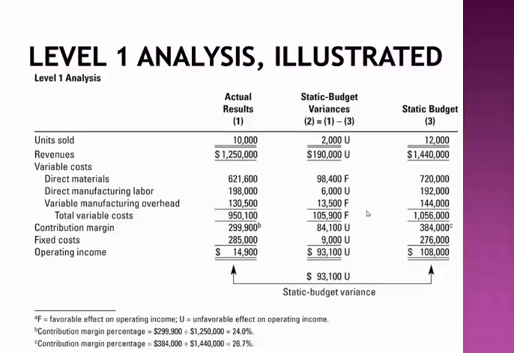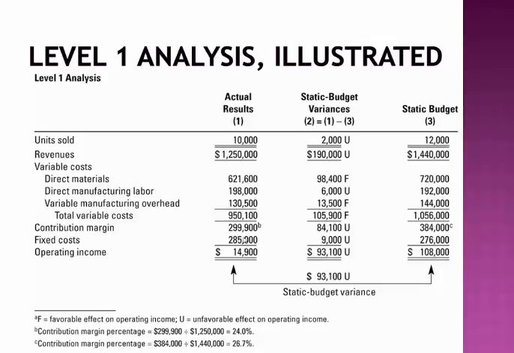Contribution margin's a good thing. Contribution margin is what we have left over after all variable costs have been covered. That goes towards fixed cost and net income if we're lucky. So we like contribution margin. So $299,000 versus $384,000. This contribution margin is less than, therefore that means it's unfavorable by $84,100.